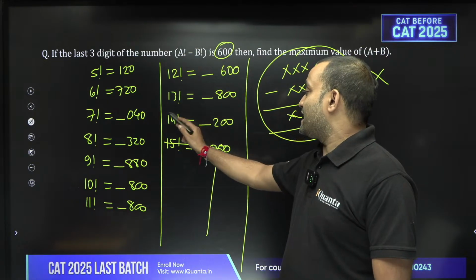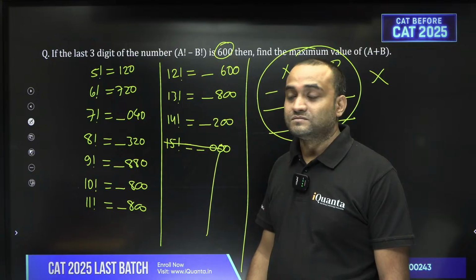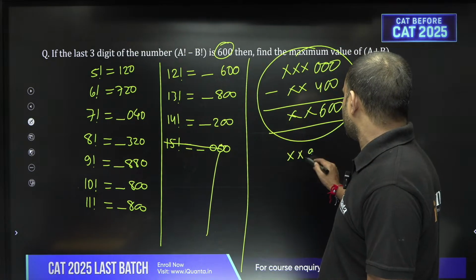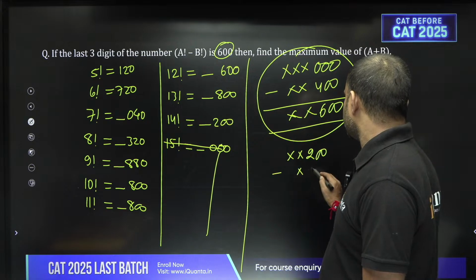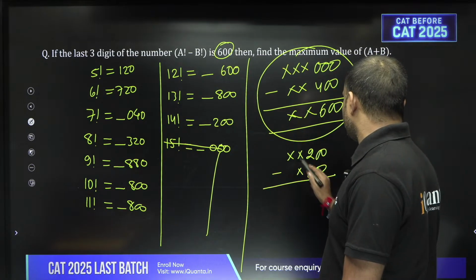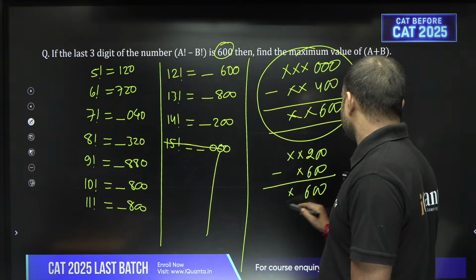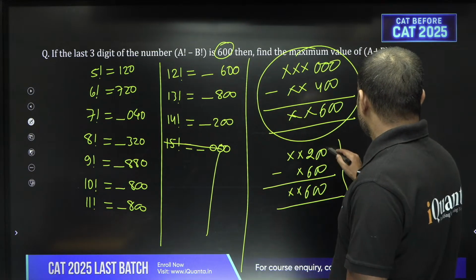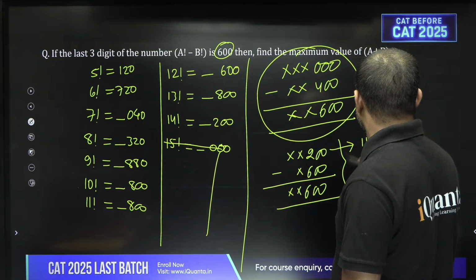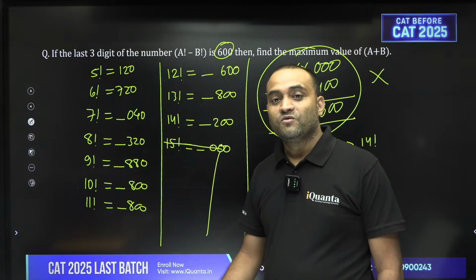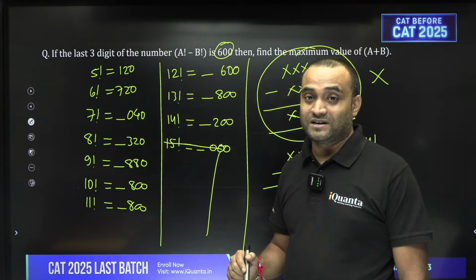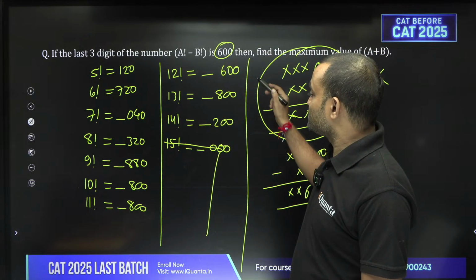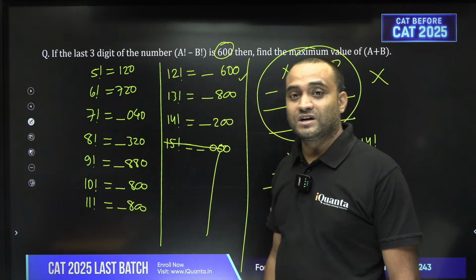If I take A equal to 14 factorial, what will happen? 14 factorial is 200, minus something, we will get 600. Meaning, I should choose a number where last 3 digits are 600, and this is 12 factorial, right?